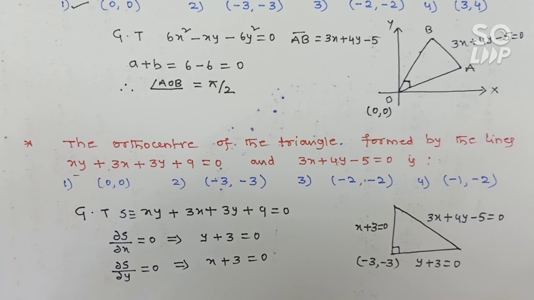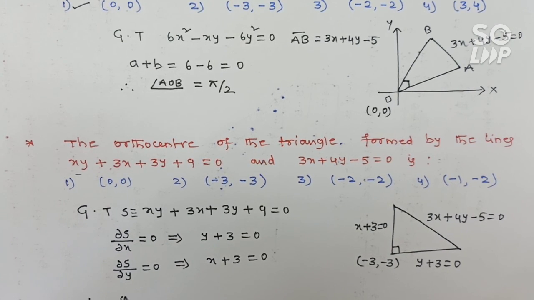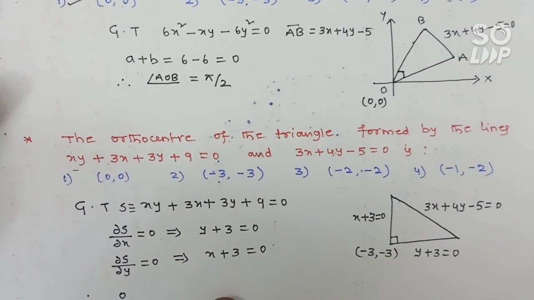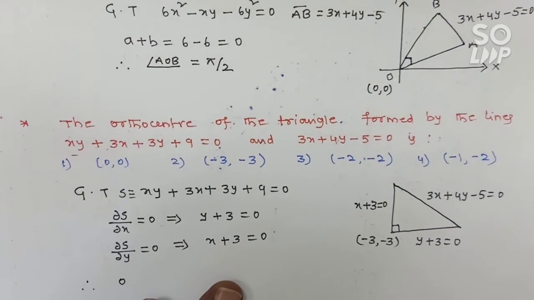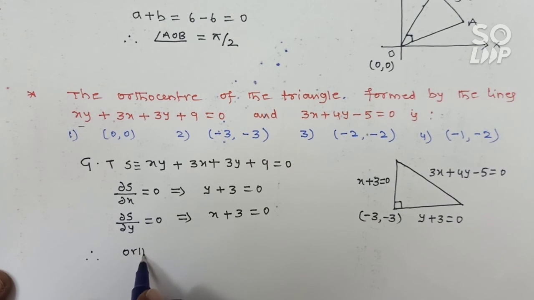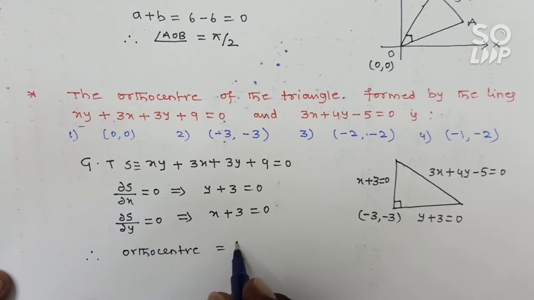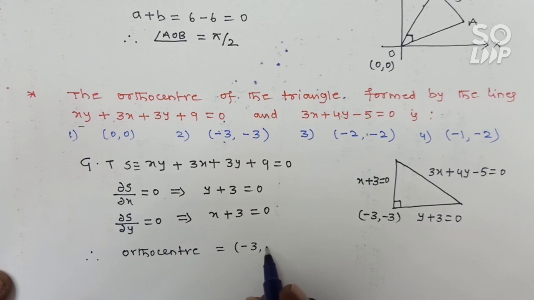In a right angle triangle, the orthocenter will be the right angle vertex. Therefore, the orthocenter is equal to minus 3 comma minus 3.